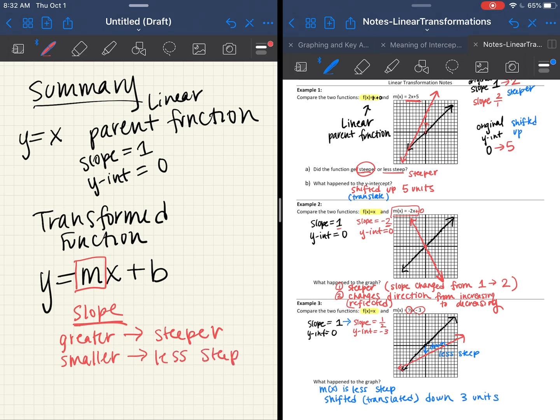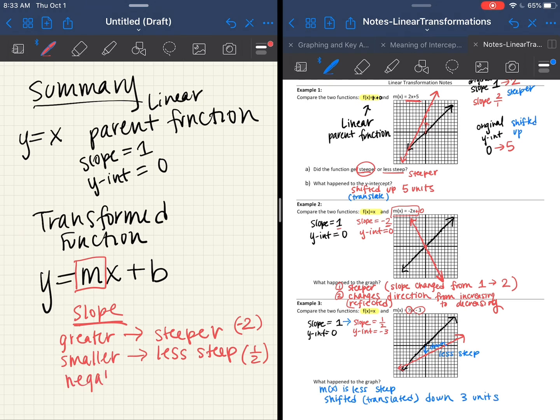And so an example of a steeper function would be 2. An example of a less steep function would be 1/2. And you could even put a negative on this steep one. As long as the absolute value of it is greater, it will be steeper.